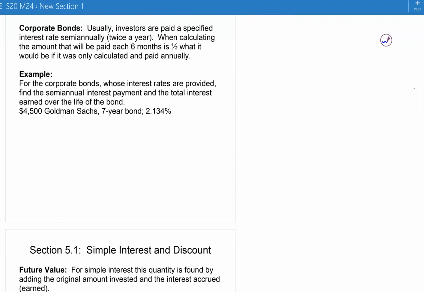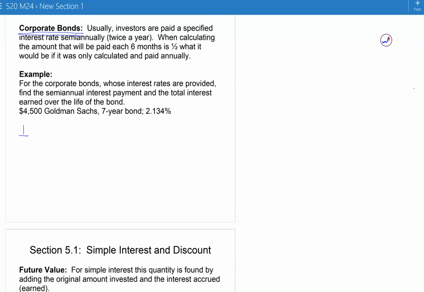Corporate bonds are a special case where investors are usually paid semi-annually, twice each year, half of the amount that they would have been paid after a full year. So you calculate the interest as if it was for only half of a year.